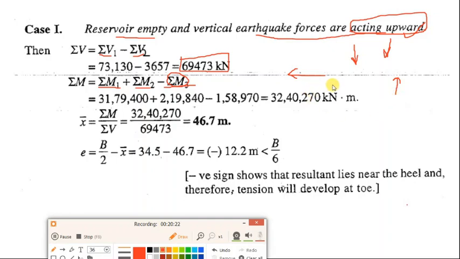So this is the resultant moment. In order to calculate the eccentricity, we first have to consider x bar, that is summation M over summation V, which is equal to this.